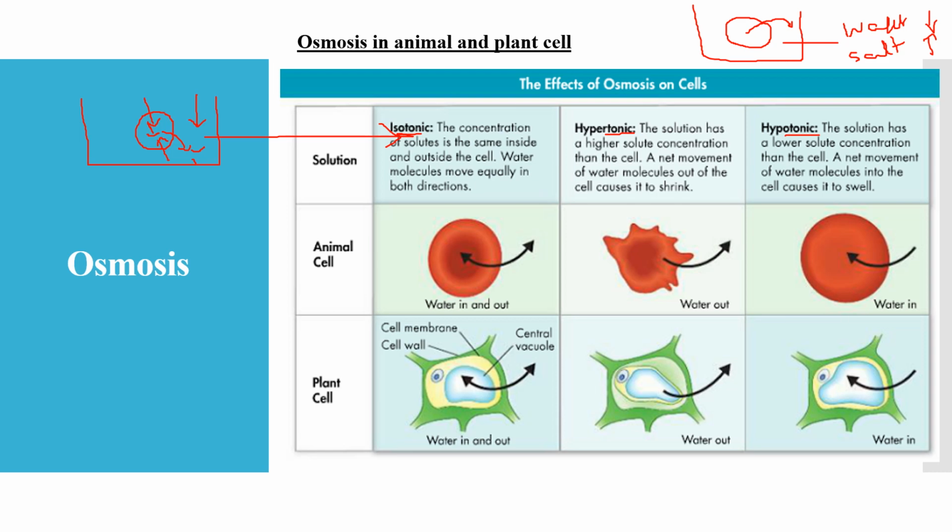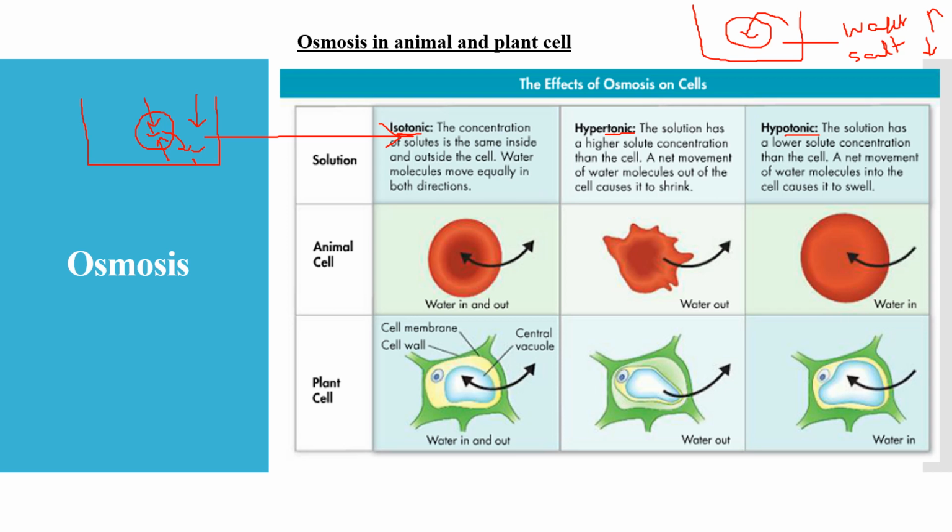In hypotonic solution, water is more in the beaker and salts are less. So now in the solution, water molecules are more, so water will move from outside to inside. So these are the differences between the isotonic, hypertonic and hypotonic solution.